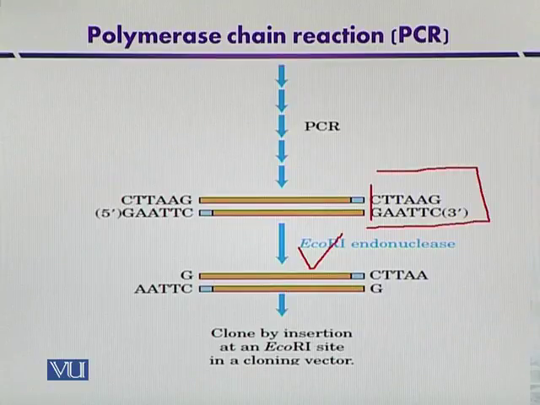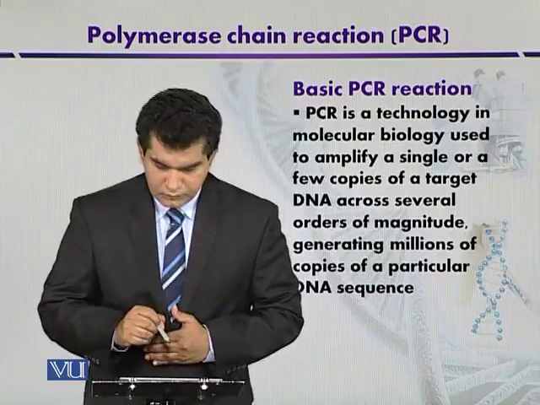With the help of this EcoR1 enzyme, now we can cut this restriction site and clone into a suitable cloning vector that is also cut with EcoR1. So in this way amplified fragments can be used for cloning purposes.